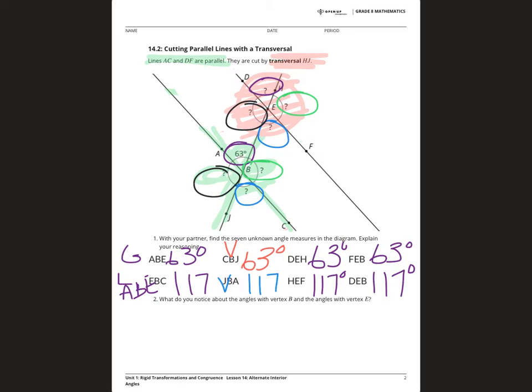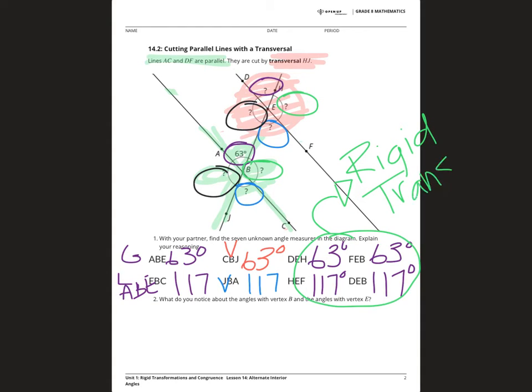Now, these ones here, your reason is going to be that it was a rigid transformation for now. So you have a rigid transformation there. It says, what do you notice about the angles with the vertex of B and the angles with the vertex of E?